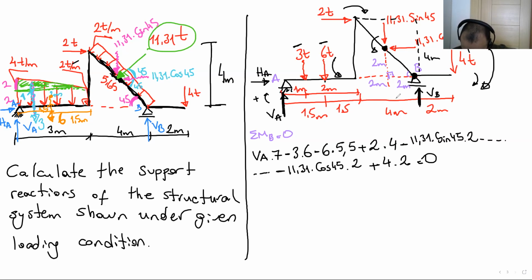Times sine 45 times 2, for example. Let me check this part again.